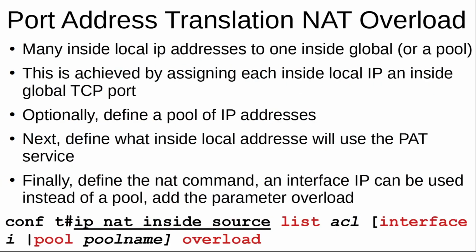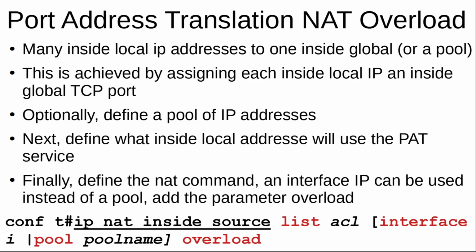Now, port address translation is the kind of NAT that is most used around the world. You are probably using it right now. All the devices that the ISPs provide to customers at their homes will use port address translation.